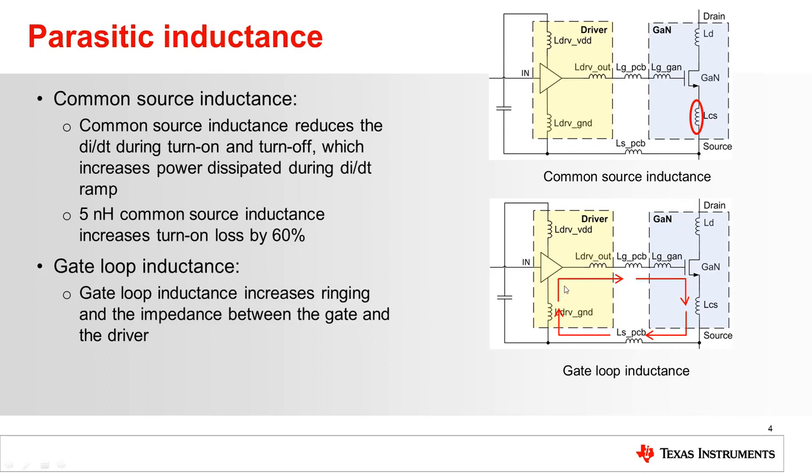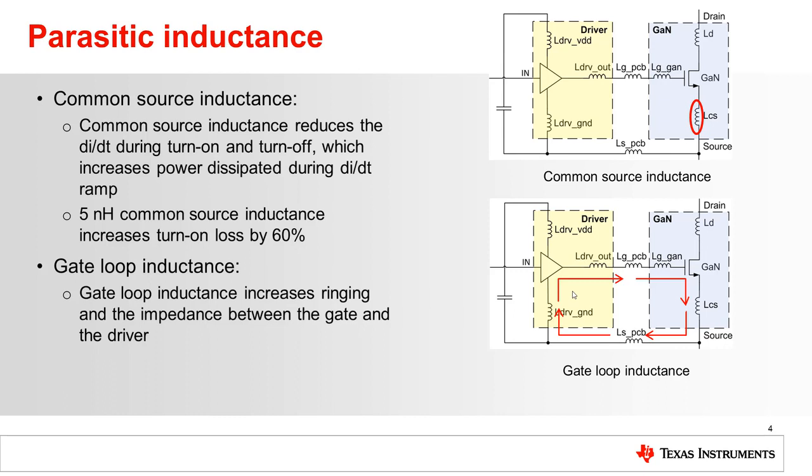The other parasitic inductance is the gate loop inductance, which is the inductance in the gate drive loop as shown in the bottom right figure. The gate loop inductance increases the impedance between the gate and the driver, which limits the ability to hold off the GaN device during the VDS ramp.